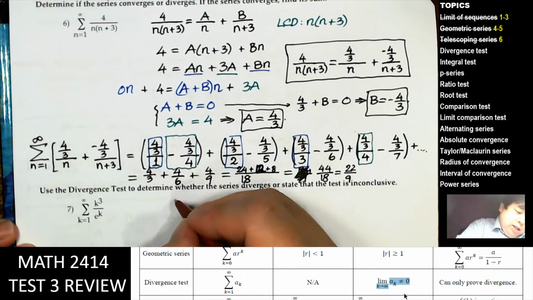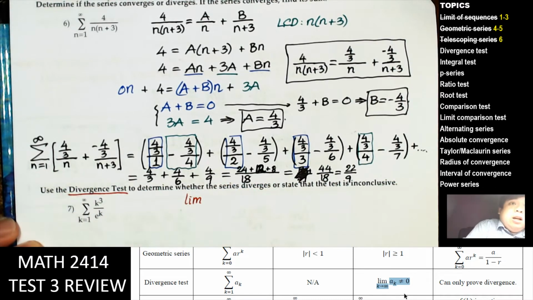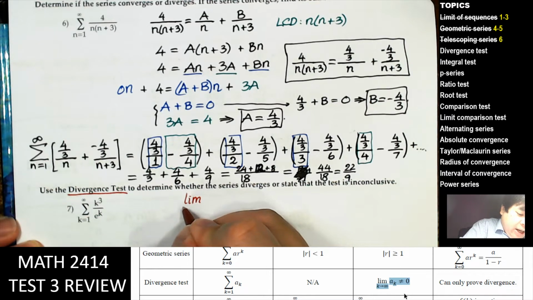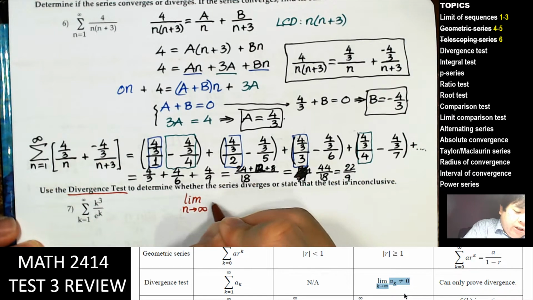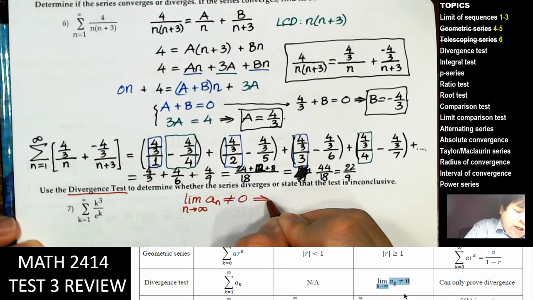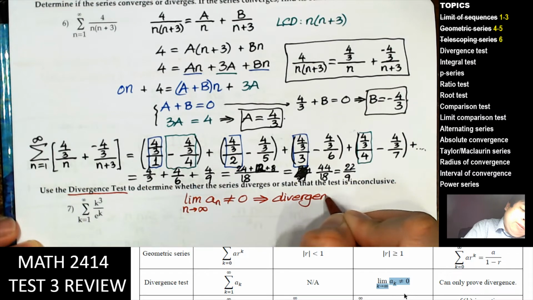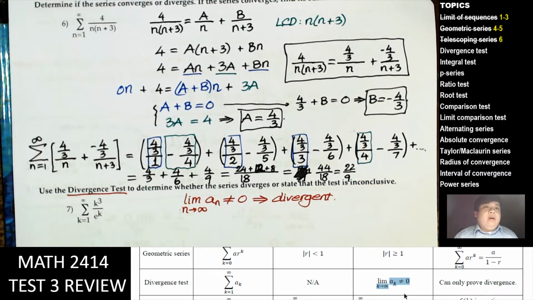So this is the divergent test: if the limit as n goes to infinity of the nth term is not 0, it is divergent. That's all we can say about it. If it is equal to 0, it will be inconclusive. We cannot say it is convergent using this test.